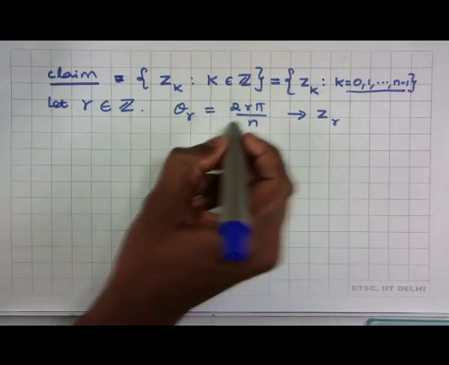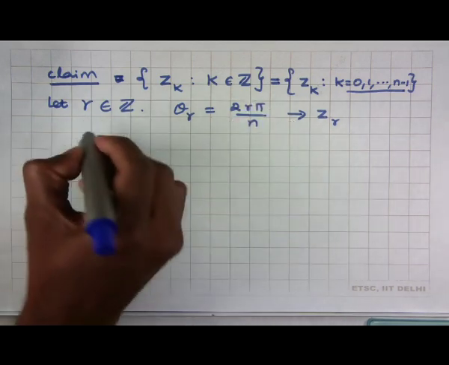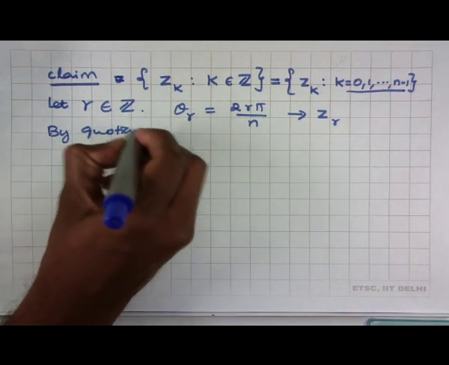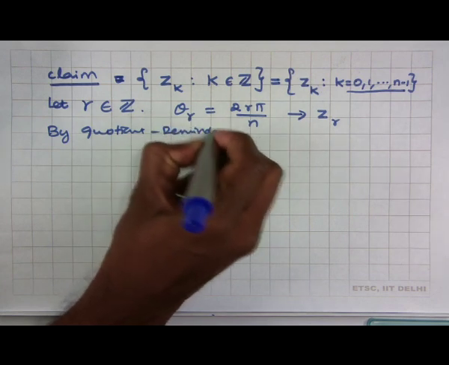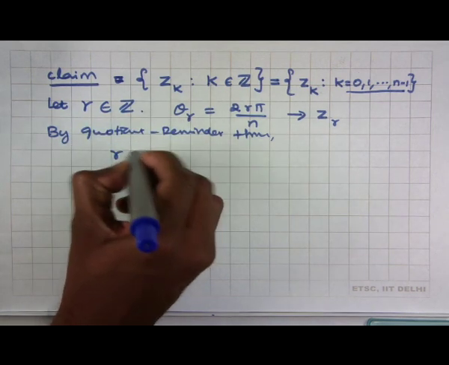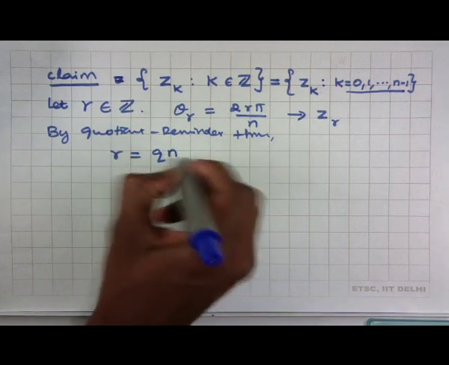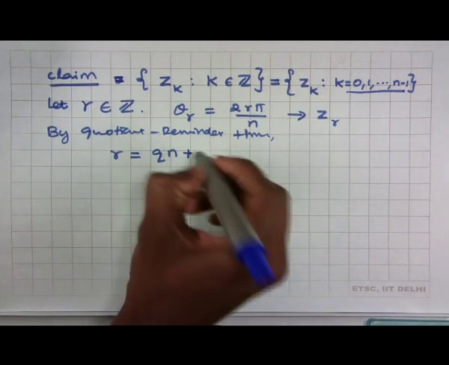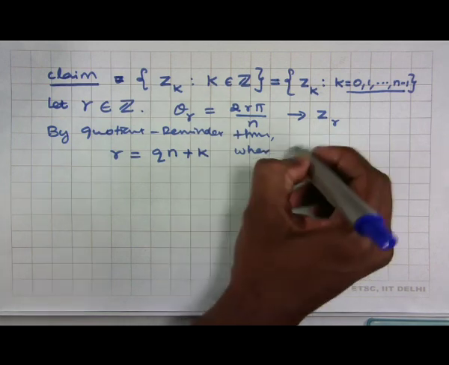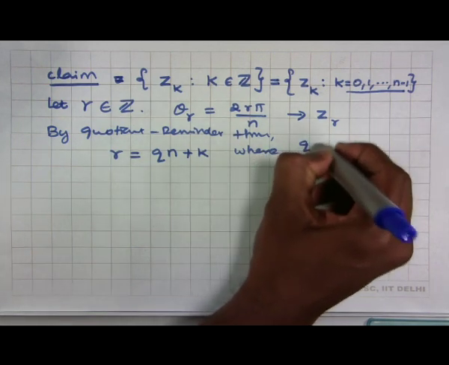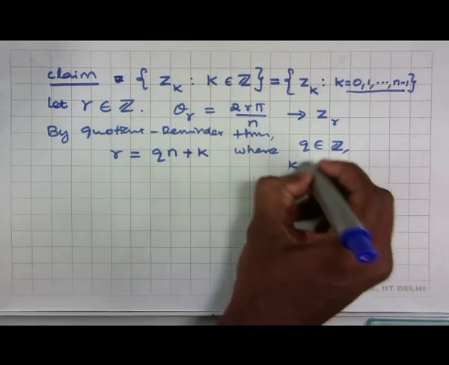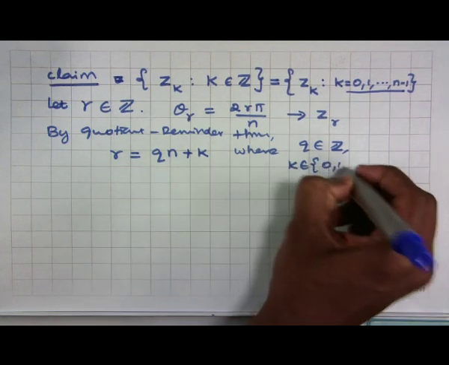Now we need to observe this factor r. By the quotient remainder theorem, any integer r can be factored, because n is a positive integer given to us, as r equal to q n plus k, where q is an integer and k is an element in 0 to n minus 1.